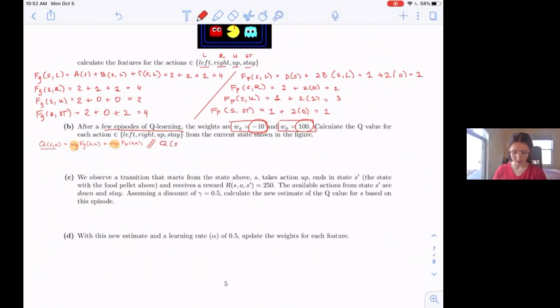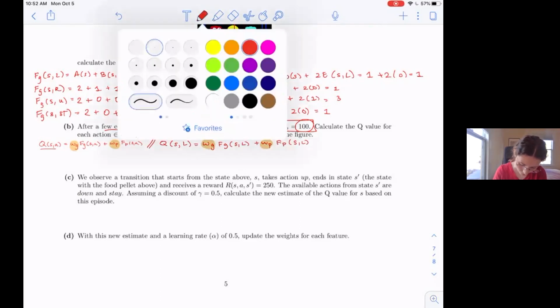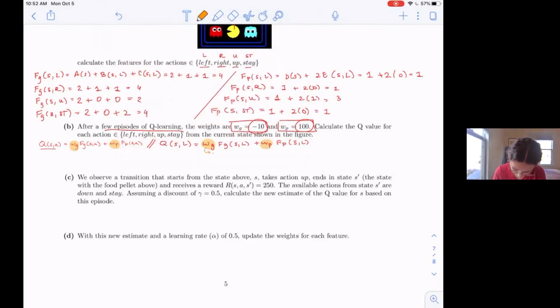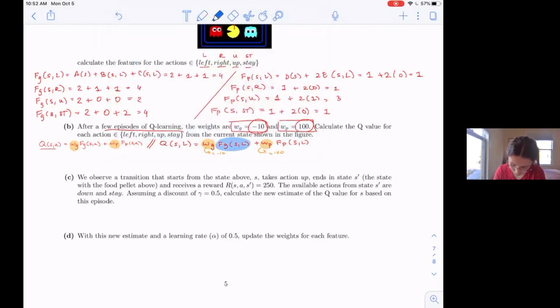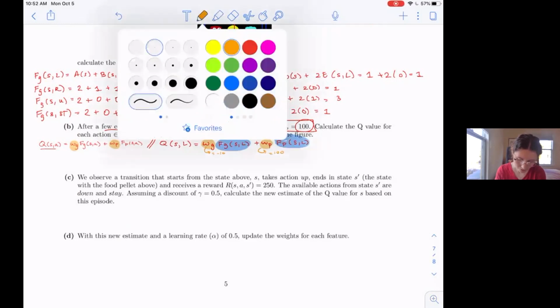So if we're evaluating the Q function at state S with the action L, then we're going to put here WG times FG of SL plus WP times FP of SL. We have been told that these two numbers, WG equals -10, WP equals 100, and we've already computed all of these F's here for FG and FP for each of the state action pairs.